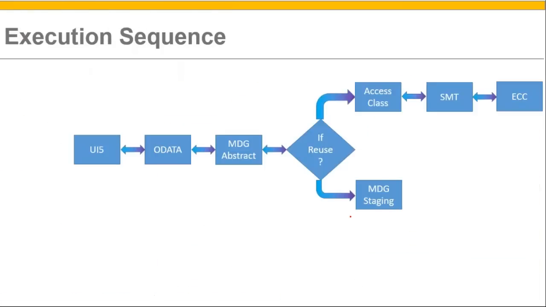But here there is no GenIL, it's directly OData. So the tight integration between GenIL and the abstract layer is missing. Everything will be manual coding in the UI5 application.